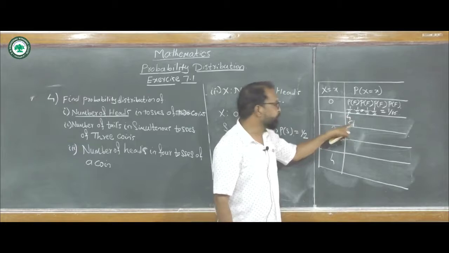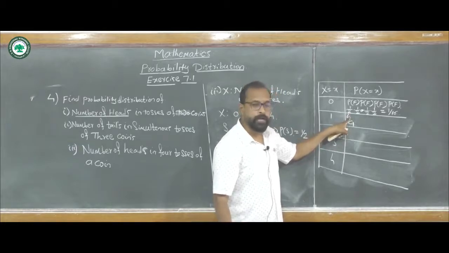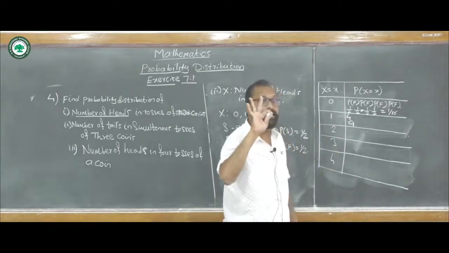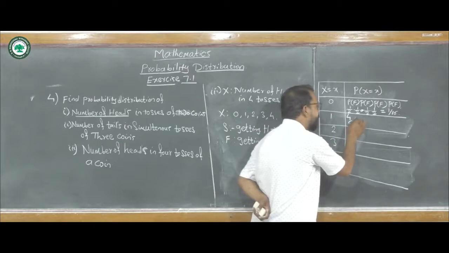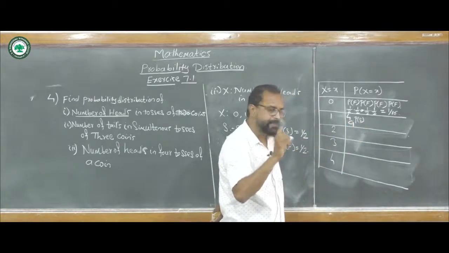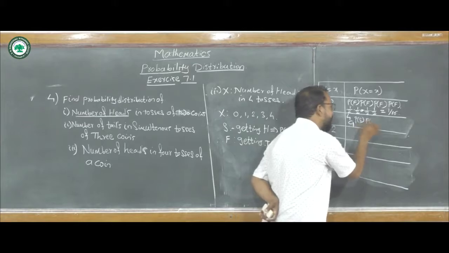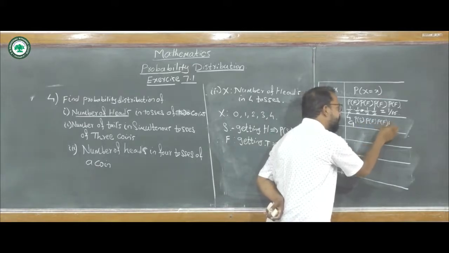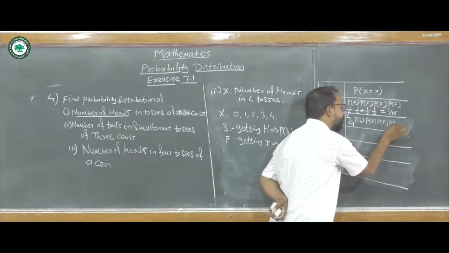And we get 1 success and 3 failures. So we write probability of success, into probability of failure, into probability of failure, into probability of failure.